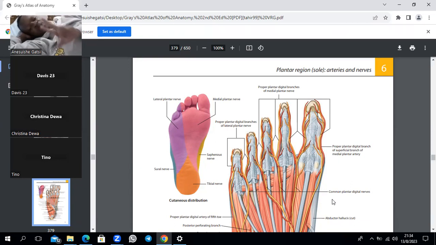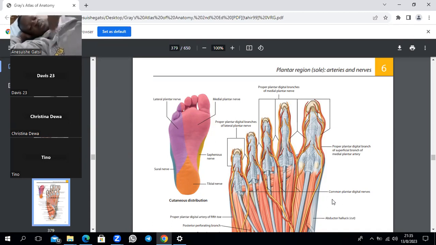Muscle number 2 innervated by the medial plantar nerve is abductor hallucis. Muscle number 3 is the flexor in that first layer, which is flexor digitorum brevis. Muscle number 4 is in the third layer, which is your flexor hallucis brevis. Then the rest of the muscles are lateral plantar nerve.